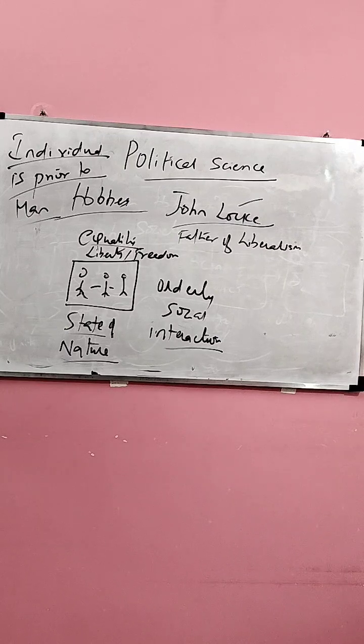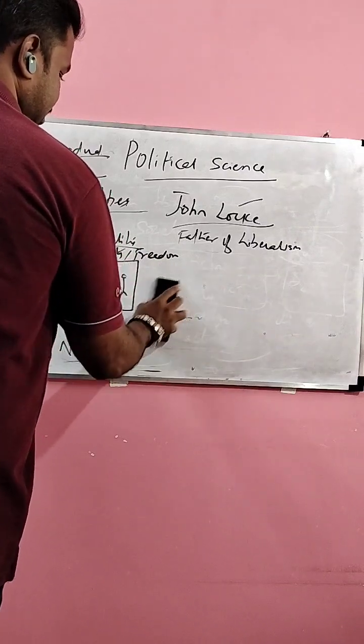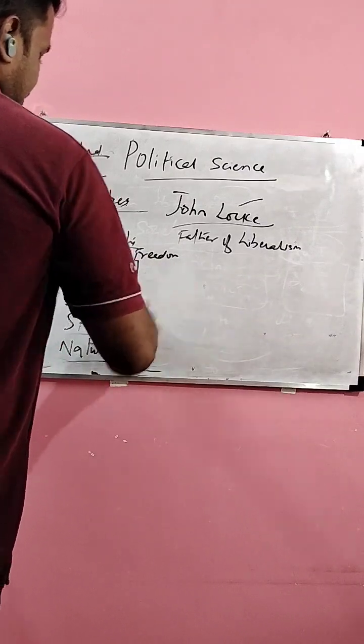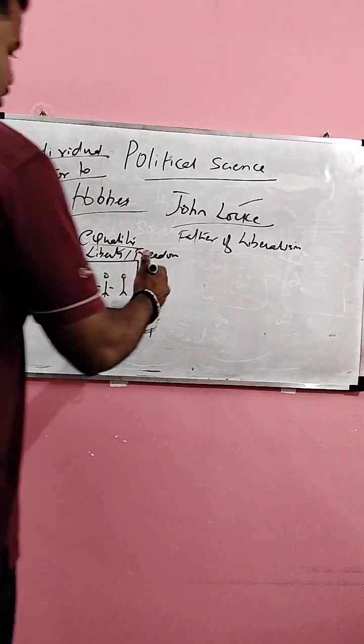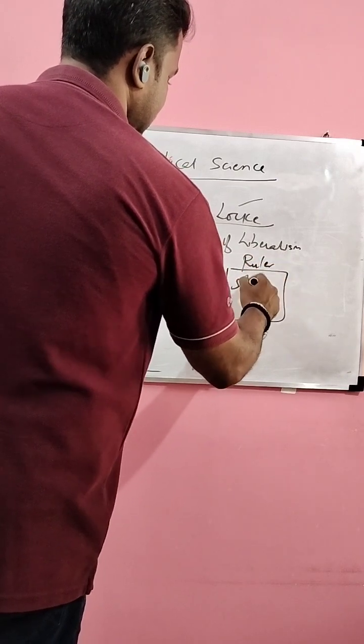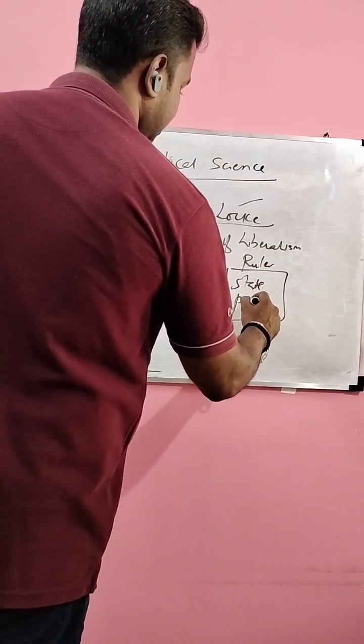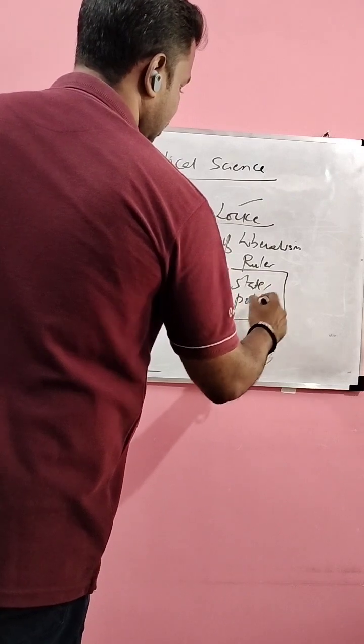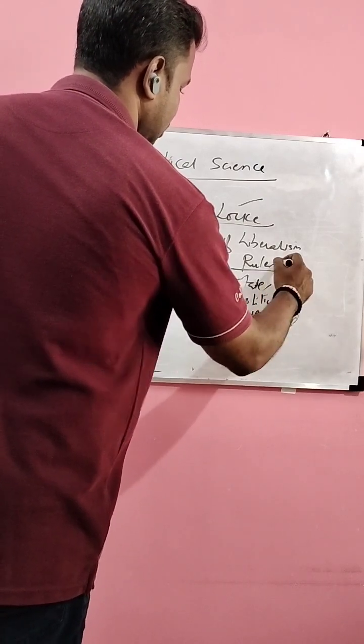Apart from this, Locke also talks about political power. We studied Hobbes. Hobbes said that the ruler later emerges to rule the people as part of the state. Am I correct? Hobbes was saying that the ruler has political power in the state, exercised by the ruler.